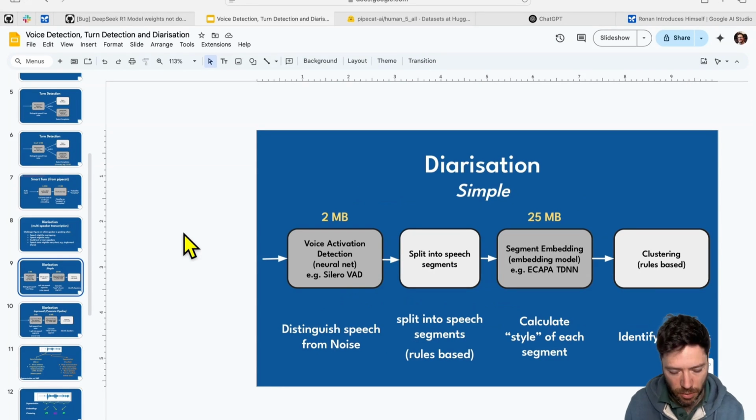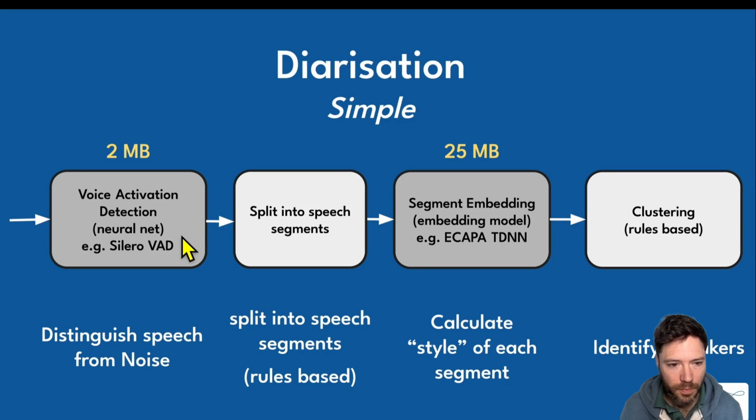Now, the basic pipeline, and let me expand my screen, for doing diarization is first to do voice detection to tell whether you have speech or non-speech. Then you take little windows where voice is detected and combine them into voice segments. This is the segmentation step, which I'm describing here as a rules-based approach. You could also use a neural net, which we'll see in a second.